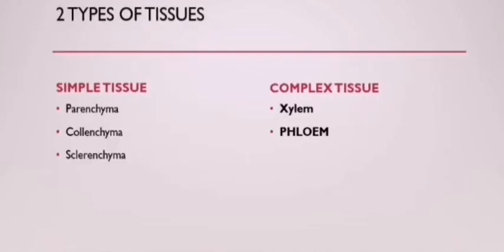Now in this topic we are going to learn about two types of tissues. First is the simple tissue and the second part is the complex tissues. In simple tissue we are going to learn there are three main types of tissues: parenchyma, collenchyma and sclerenchyma. In the topic of complex tissue, we will be learning about two complex tissues like xylem and phloem.